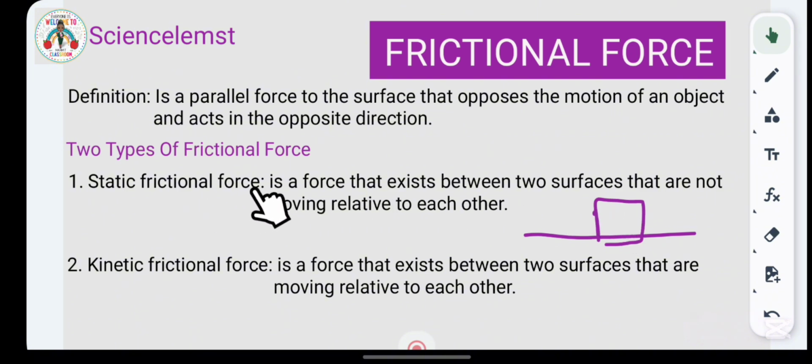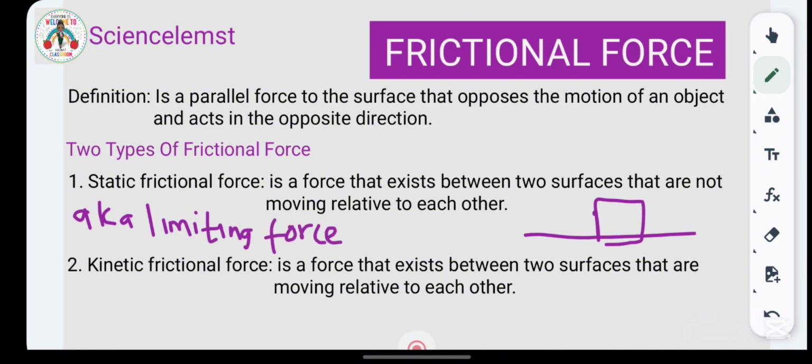Static frictional force is also known as the limiting force. In order for me to be able to move this object, I need to overcome the static frictional force that exists between the object and the surface.